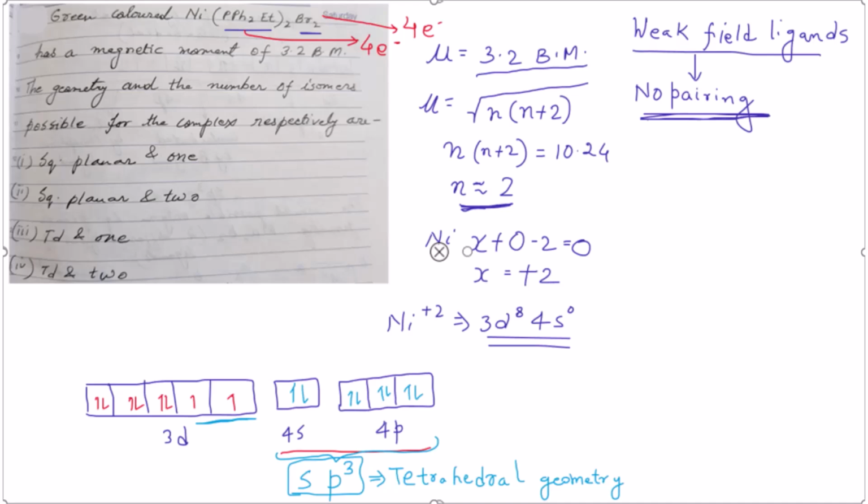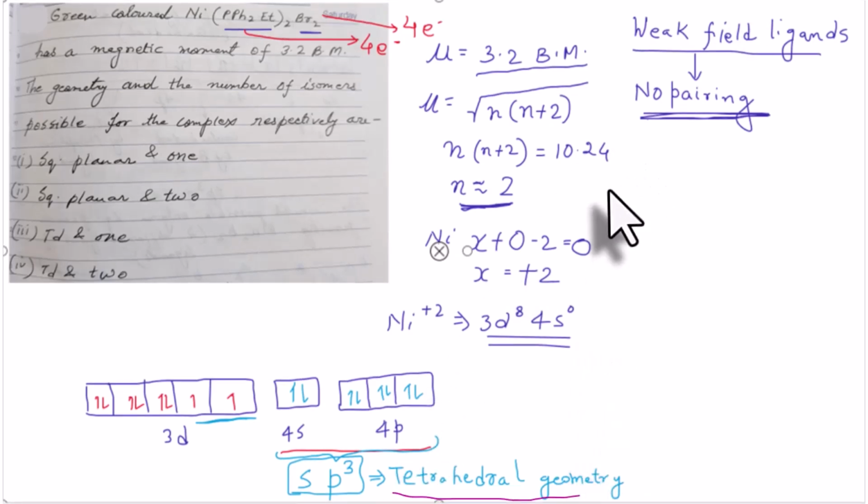So here I would like to mention that from the scientific data available for this compound, it has 2 types of crystals, the green colored and the red colored. The green colored crystals are the ones that are given in the question, which have a tetrahedral geometry. While there are the red colored crystals also, which have square planar geometry.